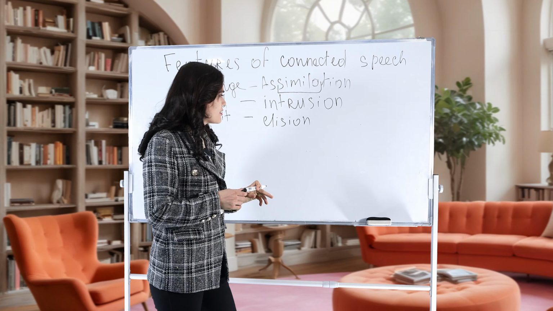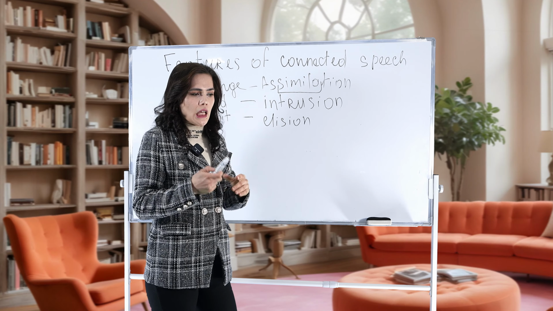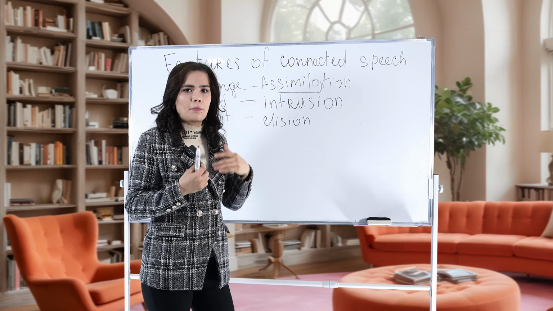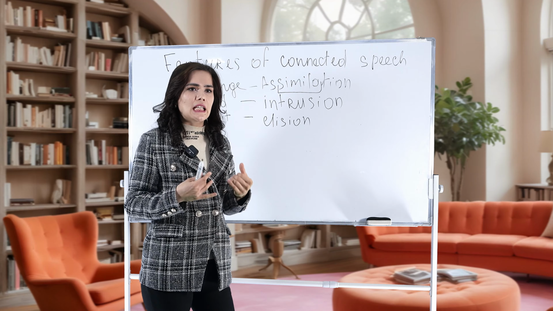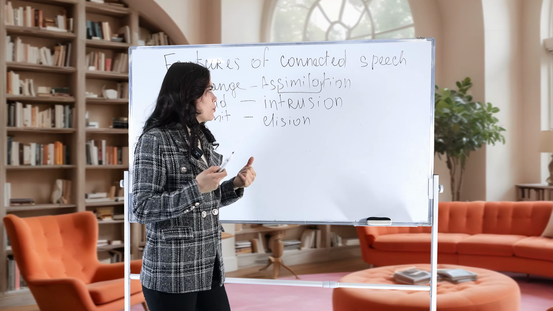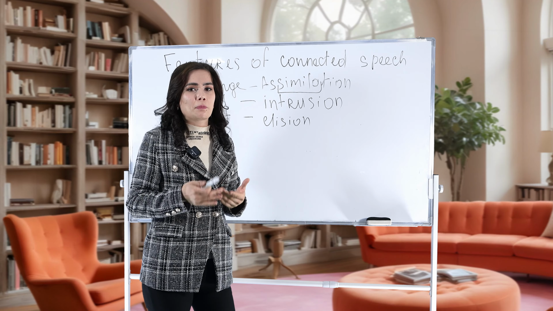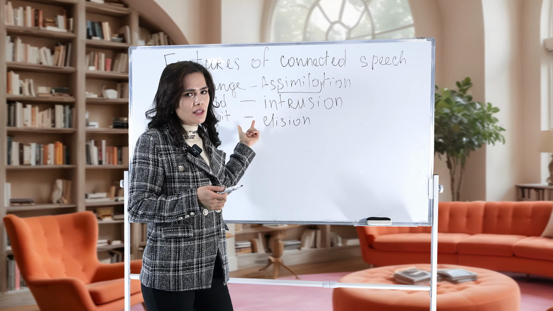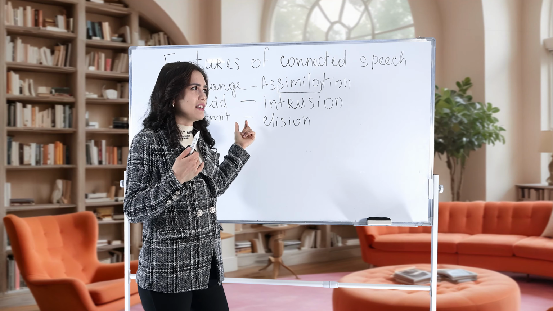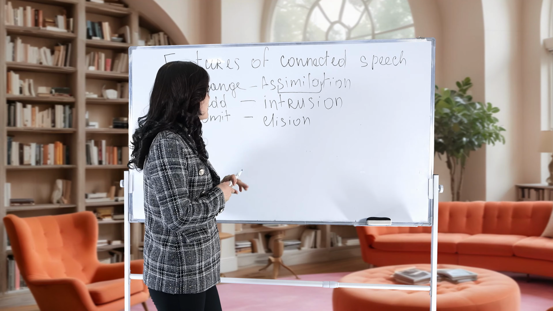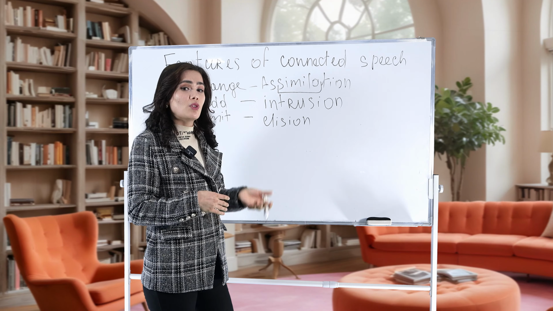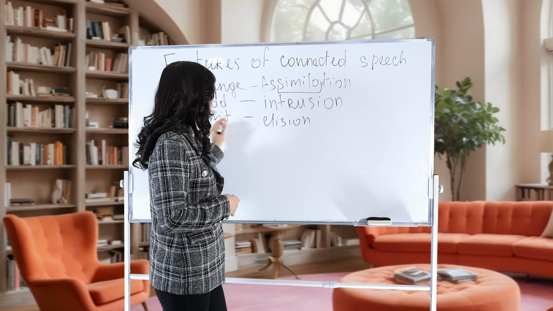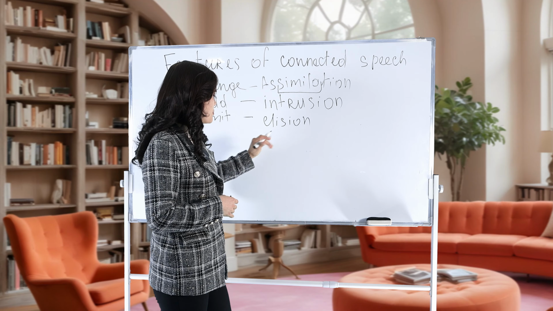Sometimes when you pronounce your words in English individually, or when you are not a fluent speaker, you usually do not omit any sounds in your words. But if you want to sound more natural, you make this kind of change in your speech.